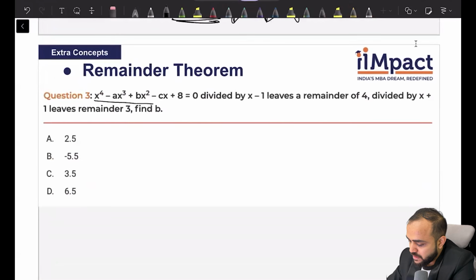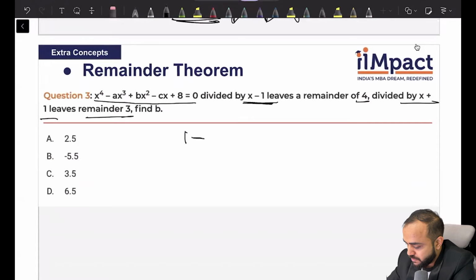So this is divided by x minus 1 leaving a remainder of 4, divided by x plus 1 leaving a remainder of 3. So what will I do? If I'm dividing by x minus 1, I will put x is equal to 1. So I'll get 1 minus a plus b minus c plus 8, which is equal to 4.